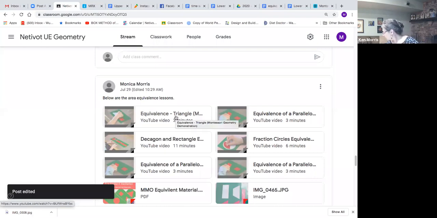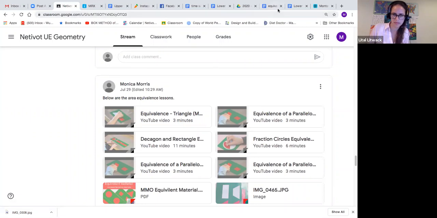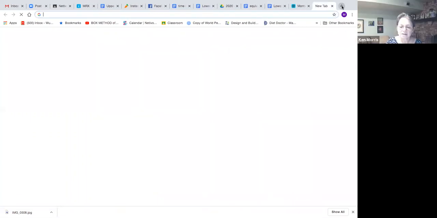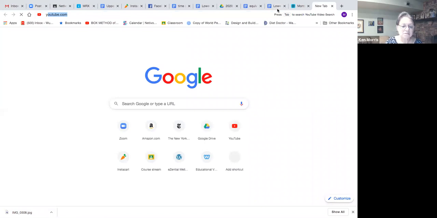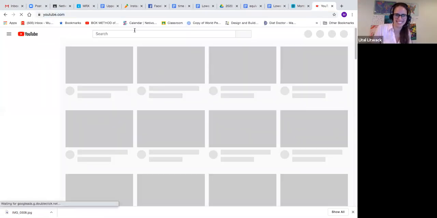The next one is rhombus to the rectangle. Do I have rhombus to the rectangle? I don't. Let's go to YouTube real quick and see if we can find something. Rhombus to rectangle. It's amazing what you can find on YouTube.